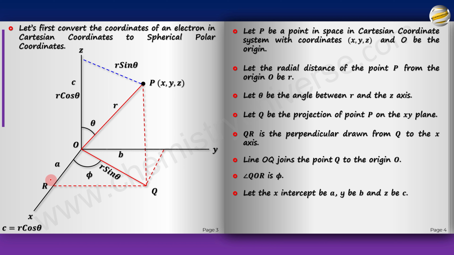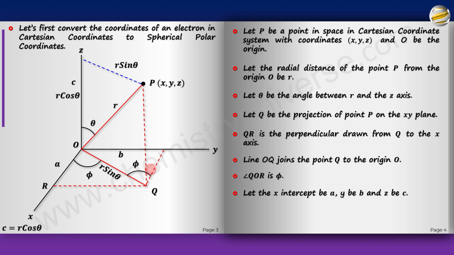Simple. Remember, if this angle is phi, this angle is also phi, because this line and this line are parallel, and this red line is the transversal, and the alternate angles are equal. So this angle is also phi.